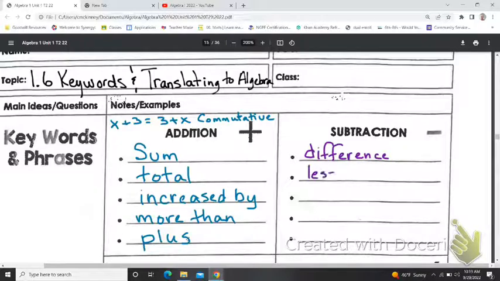Less than, not is less than. We'll talk about a little difference there. We had increased by, we'll have decreased by.